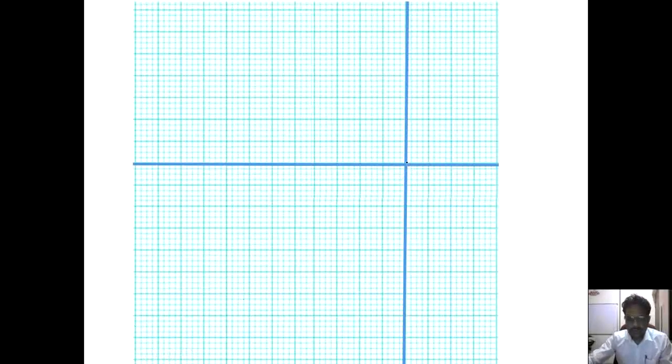Okay, so let us draw the root locus now. Marking all the poles: 0, 1, 2, 3 and 4, so minus 4 here, then sigma is at minus 2.